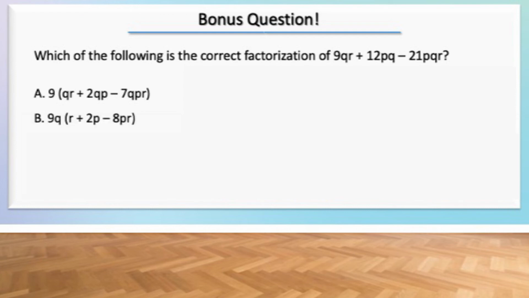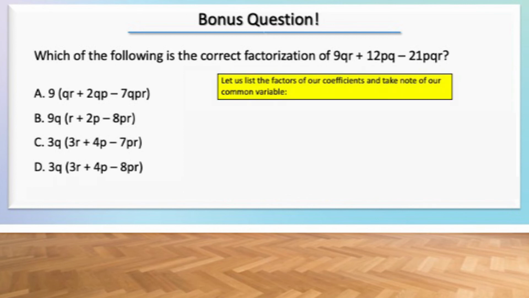B, 9q multiplied by r plus 2p minus 8pr? C, 3q multiplied by 3r plus 4p minus 7pr? Or D, 3q multiplied by 3r plus 4p minus 8pr?